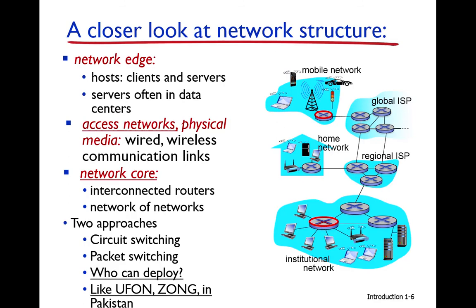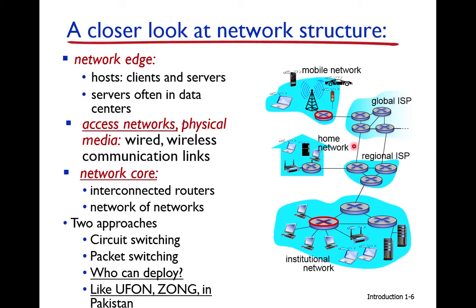If you do remember, we had discussed that the internet structure can be divided into two parts. One is called the access network or network edge. This is the network that is connected to the first router of the internet, like this one, this one, this one.